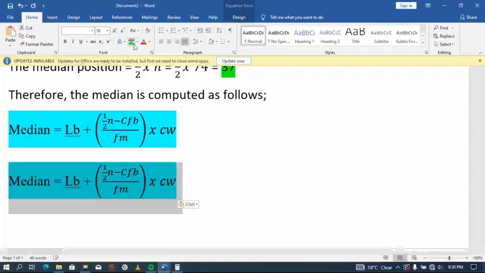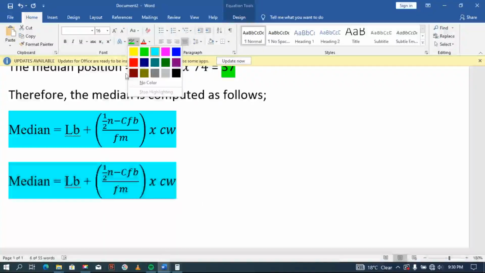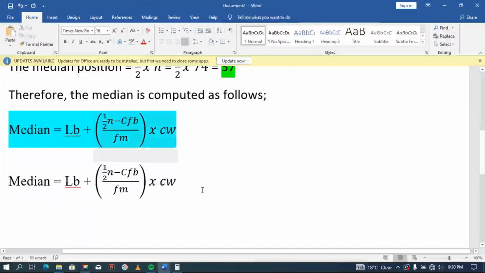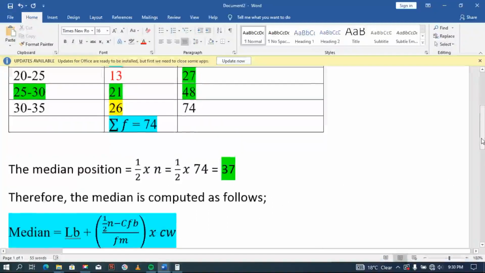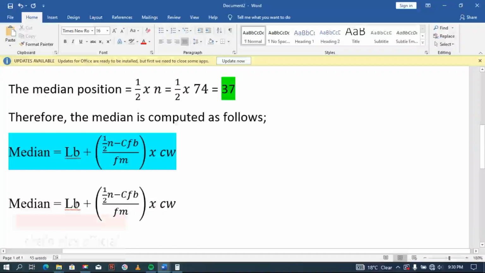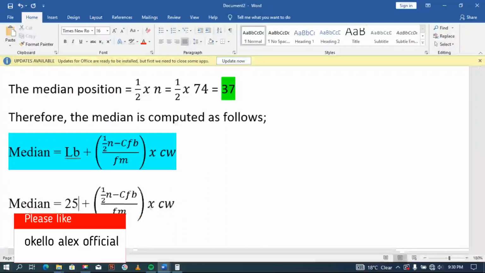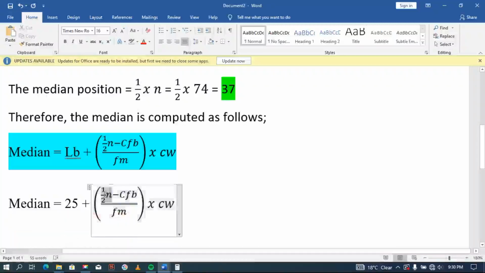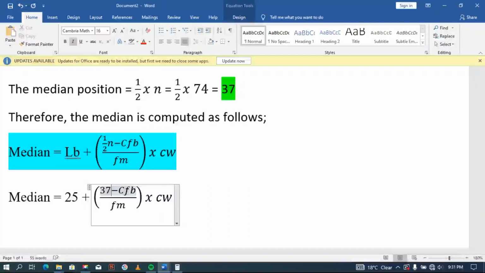So now the lower class boundary of the median class, just as we've identified it, the class of 25 to 30, so the lower boundary is 25. And then a half of n is already computed, that is 37, minus the cumulative frequency before.